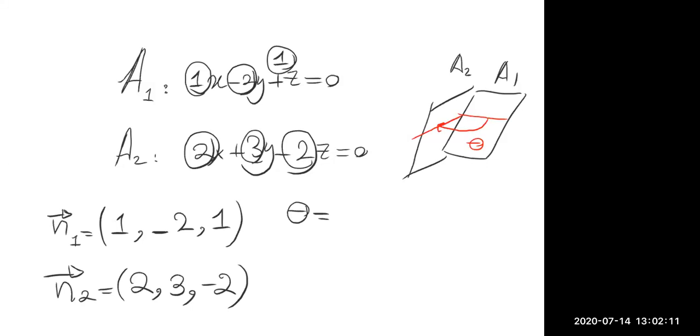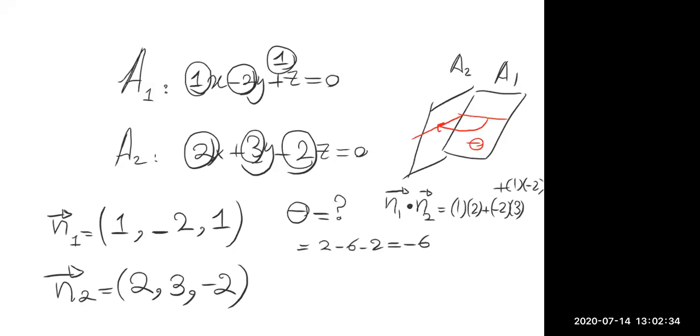But what is that? Remember, we can use inner product to find that. What is the inner product of these two vectors? It's 1 times 2 plus minus 2 times 3 plus 1 times minus 2, which is equal to 2 minus 6 minus 2, which is minus 6.